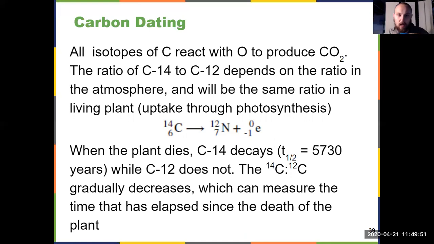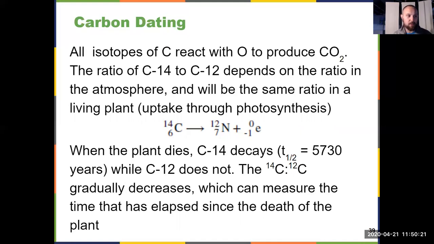Carbon-12 is most of it, but carbon-14 can do the same thing. And then when I've produced CO2, right, it can get taken up by a plant. And then if it's gotten taken up by a plant, it can also end up in things that ate the plant. So anything that contains carbon has a ratio of carbon-14 to carbon-12. You've got some carbon-14 in you right now. Yep. And the ratio of carbon-14 to carbon-12 depends on the ratio in the atmosphere.